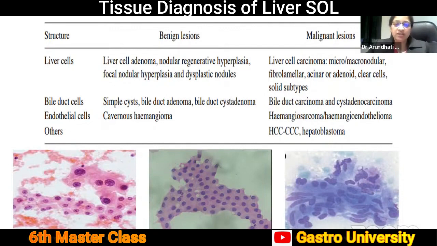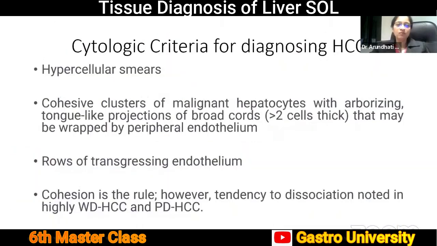So different conditions can cause an increase or decrease in the number of cells that we see on the smears. So hepatocytes, again, in benign as well as malignant conditions, bile duct cells in intrahepatic cholangiocarcinomas, bile duct cystadenomas, endothelial cells in hemangioendotheliomas as well as angiosarcomas.